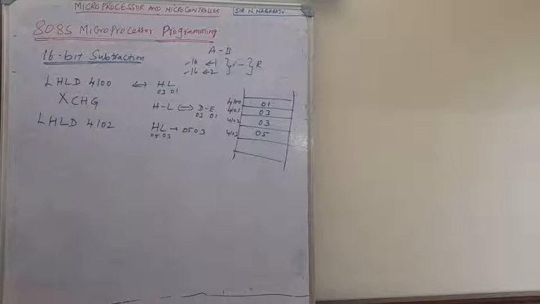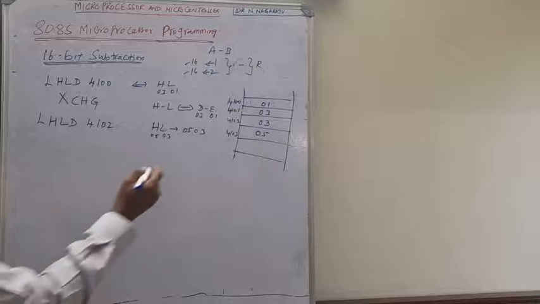Now we have to perform the subtraction operation. Here one concept is there. We do not have a direct 16-bit subtraction operation in the 8085 microprocessor. As we saw in the last video, we have the DAD instruction for addition, but for subtraction it is not available. So we have to do it like this.